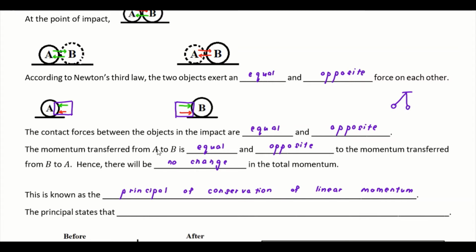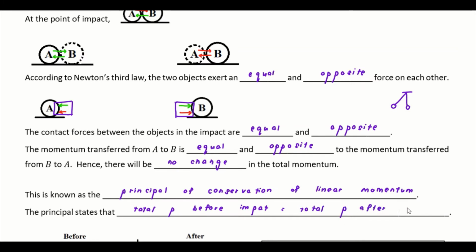This principle states that the total momentum before the impact, I'm just going to write P here, the total P before the impact is going to be exactly the same as the total P after the impact.